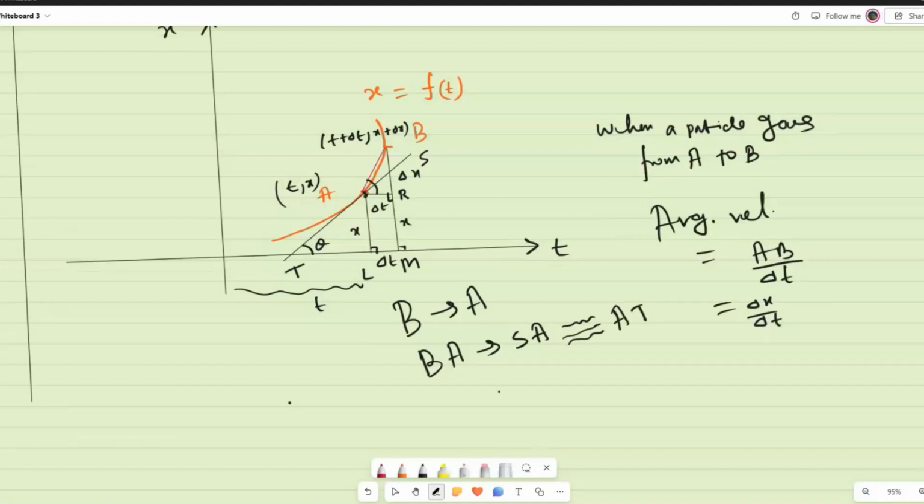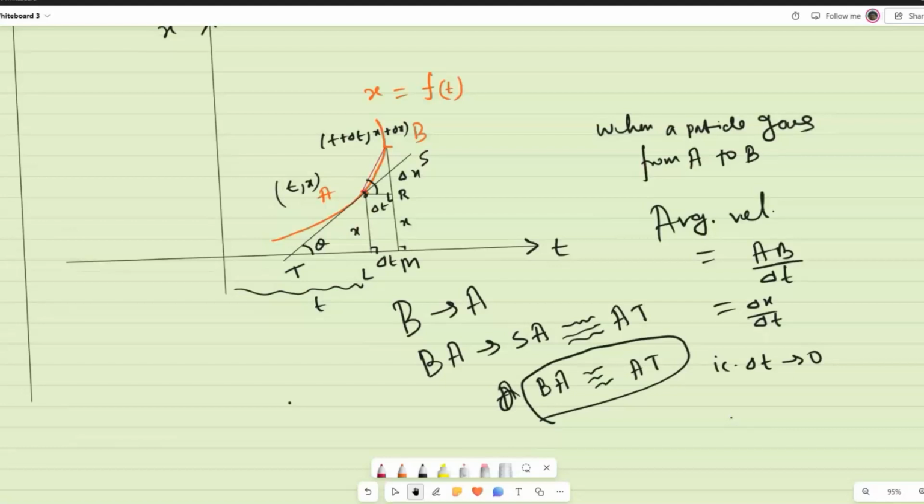So in that case, chord AB or BA is coincident with AT. Under this condition, B is close to A, that is delta t tending to 0.